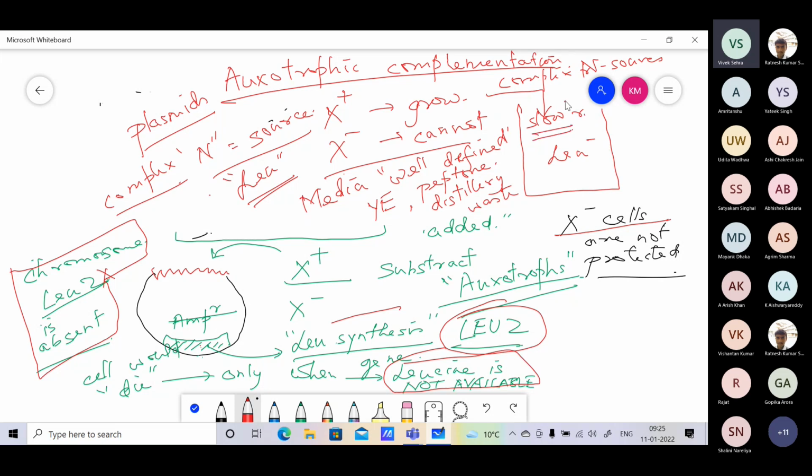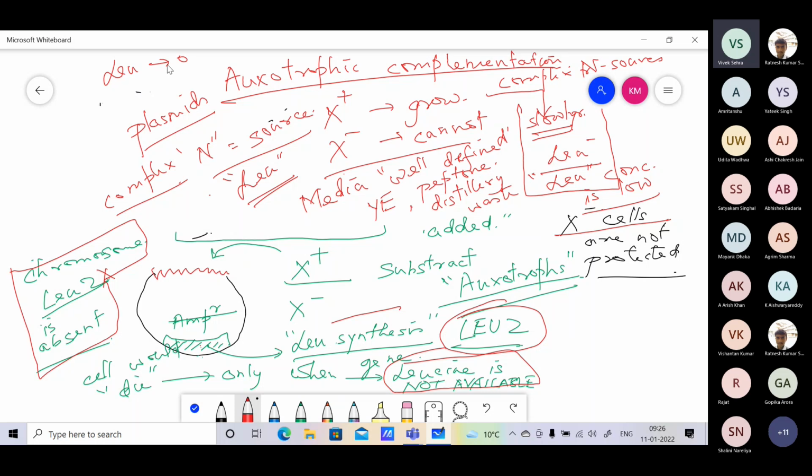You add it very slowly, so it is not that leucine is not available, but leucine concentrations are low, and therefore X minus cells are not really able to grow. Or even if they are able to grow, they are constrained by the amount of leucine available in the medium. So it is not a requirement that leucine should be zero.